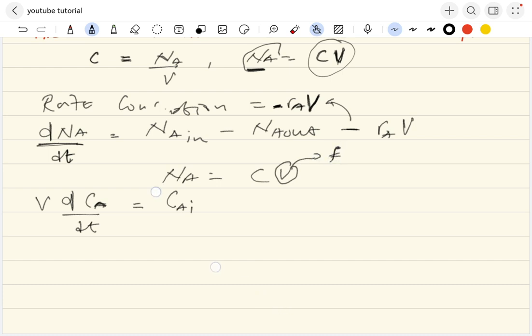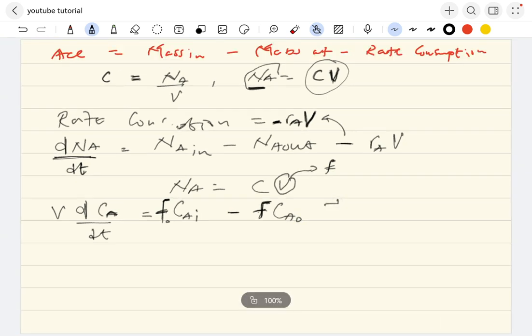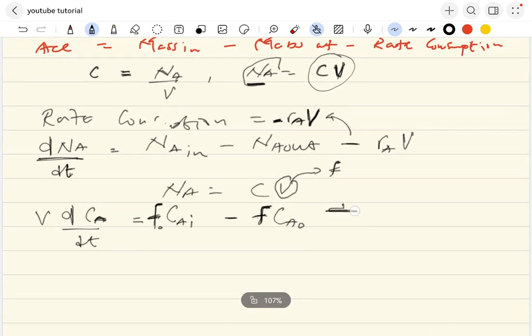So I'll write it here as F, the volumetric flow rate incoming, minus the same volumetric flow rate for the output, multiplied by C_AO, meaning output, minus this rate of consumption, which is simply r_A V.